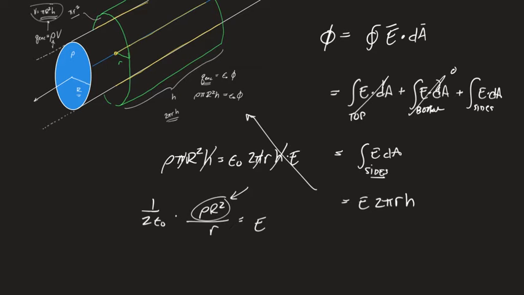Interestingly enough, some people will write this a little differently. They write this as 1 over 2 pi epsilon naught times rho pi r squared over r. And they do that so that you get this term, which looks exactly like the term we had for the charged line, where the pi is there.